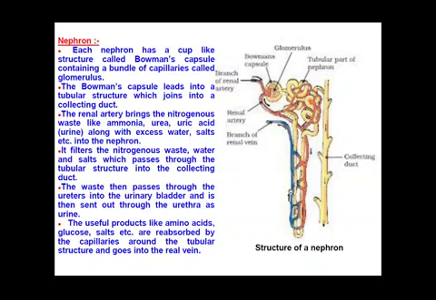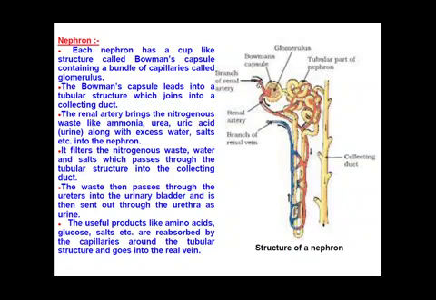Whatever useful products like amino acids, glucose and salt move into this tubular structure, if anything is required by our body, it gets reabsorbed by the capillaries around the tubular structure and goes into the renal vein.